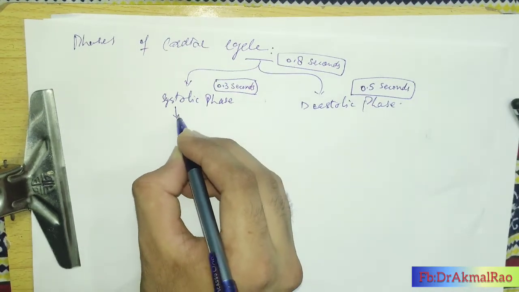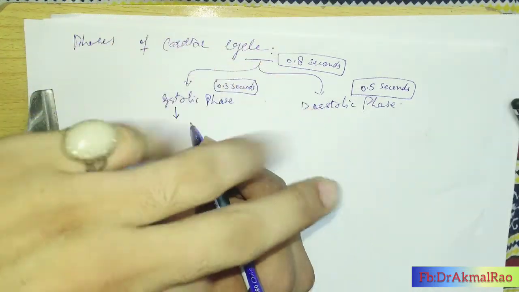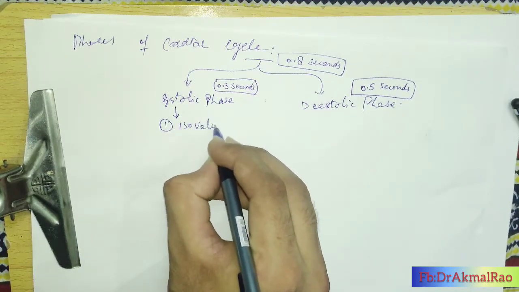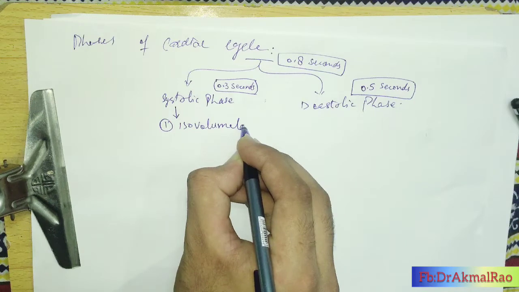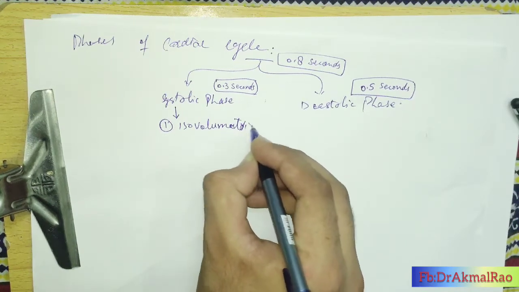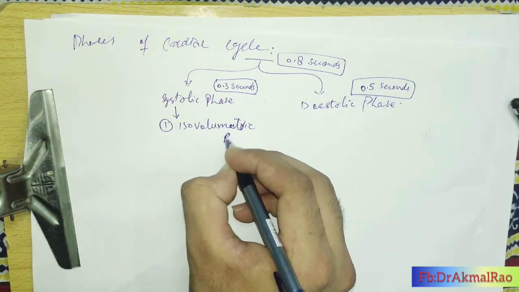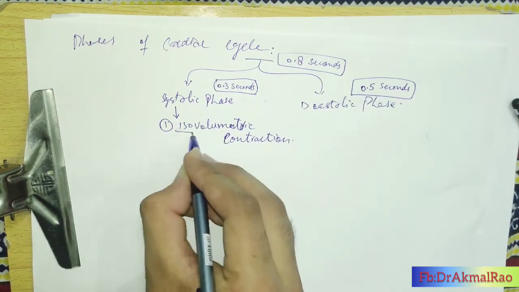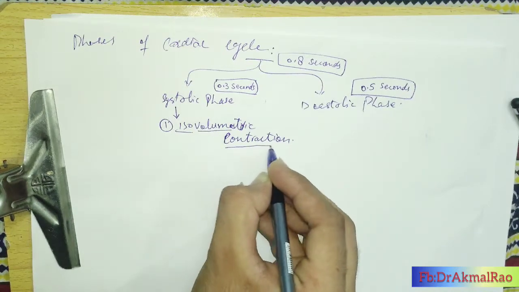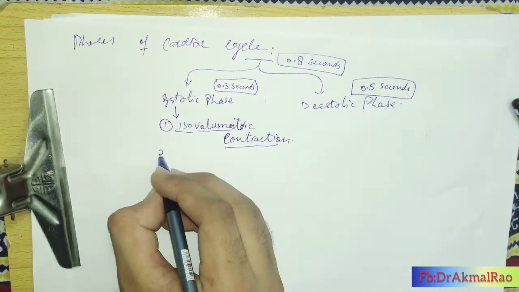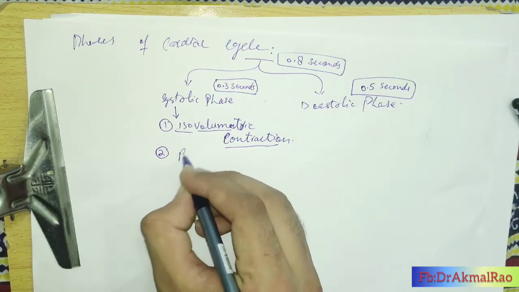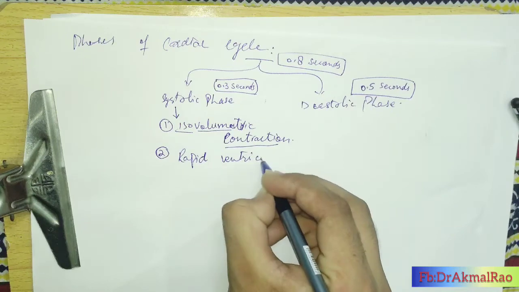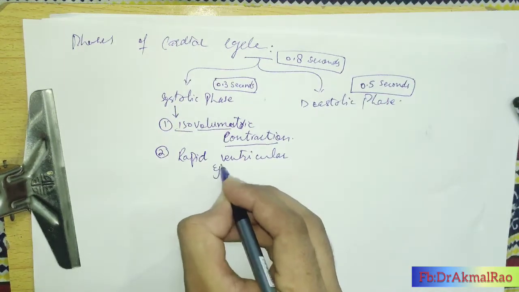Now, in the systolic phase, we have three subphases. The first one is isovolumetric contraction. The second one is rapid ventricular ejection.